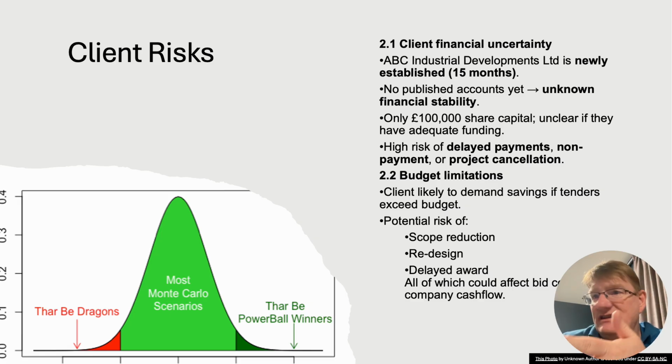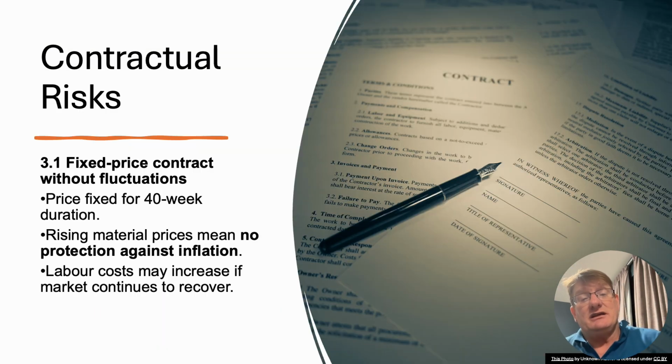Management types of contracting carry less risk for the contractor and subcontractors, but are riskier then for the client. So it also depends on not just the client, but maybe the procurement method that the client has used. As I say, that's what I'm saying.